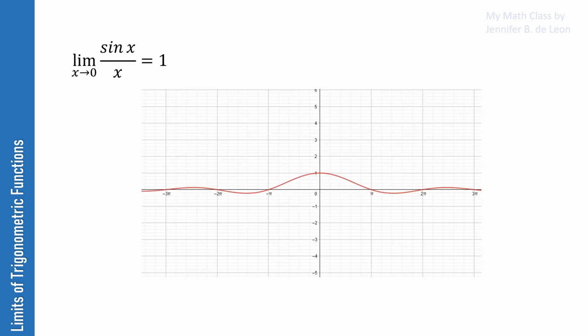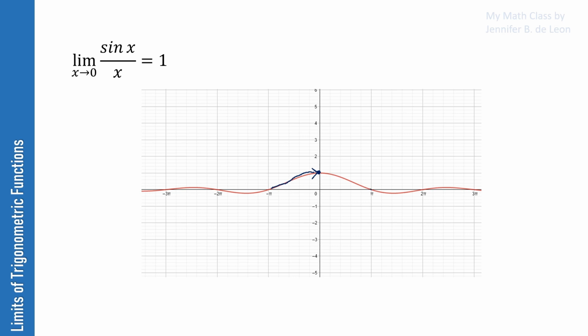Let's evaluate the limit of sine x over x as x approaches 0 graphically. If we trace the graph, we can see that as x approaches 0 from the left, we will have 1.